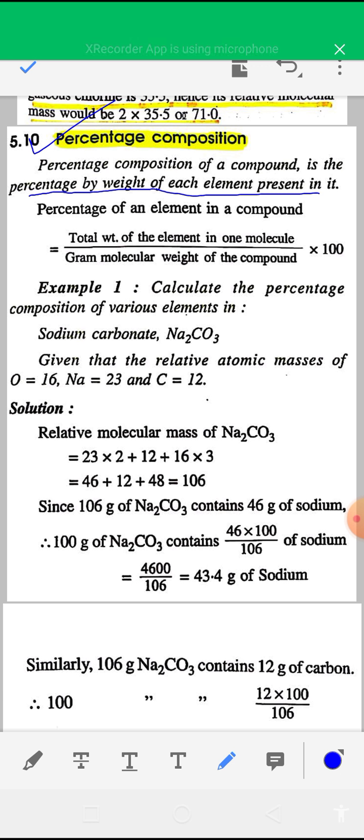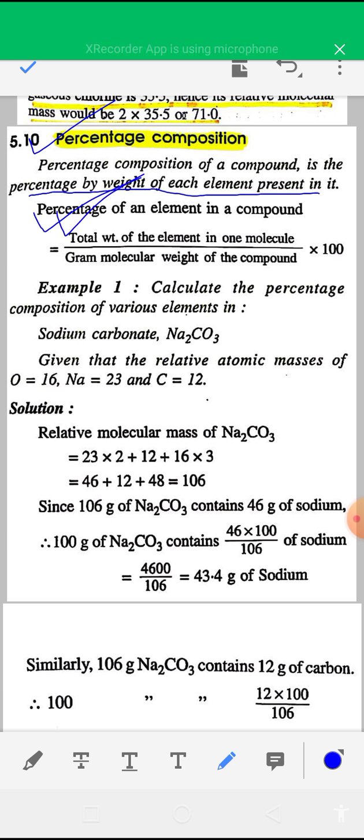And mathematically you can calculate percentage composition of an element in a compound using the formula: percentage composition is equal to total weight of that element present in the compound divided by molecular weight of the compound into 100.